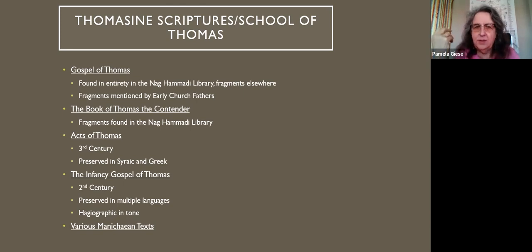So people started having this hint that it may have been out there. And then when the Nag Hammadi Library was discovered in 1945, that's when we really got what seems to be an entire collection of the Gospel of Thomas.